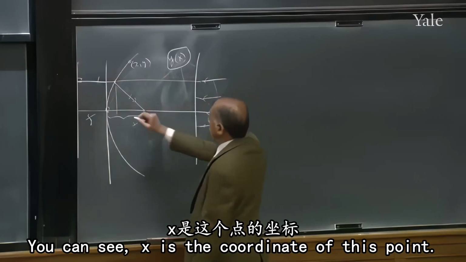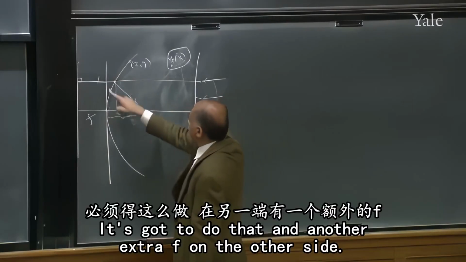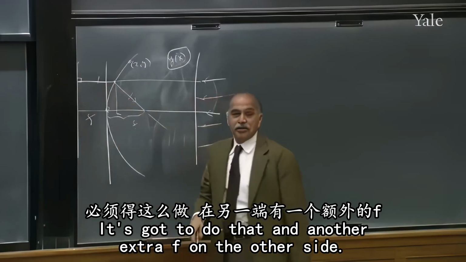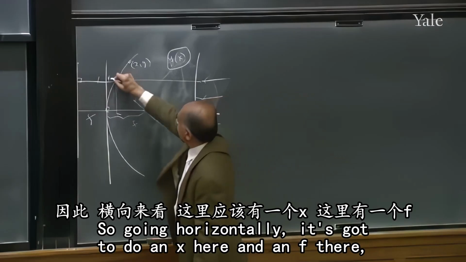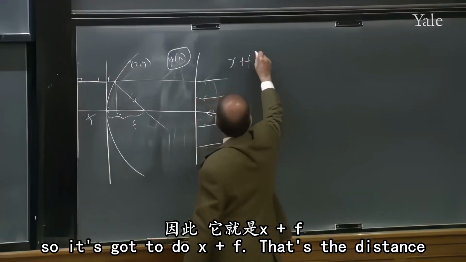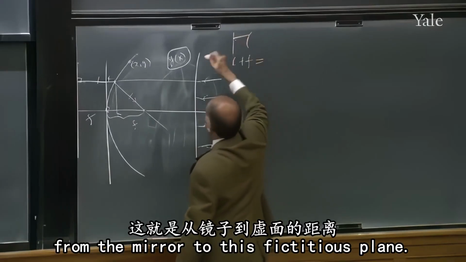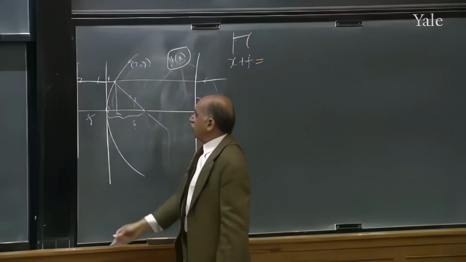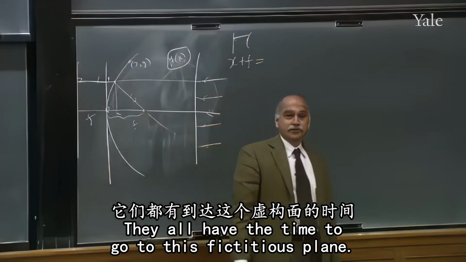You can see x is the coordinate of this point. It's got to do that and another extra f on the other side. So going horizontally, it's got to do an x here and an f there. So it's got to do x plus f. That's the distance from the emitter to this fictitious plane, where that's the time they have. They all have the time to go to this fictitious plane.